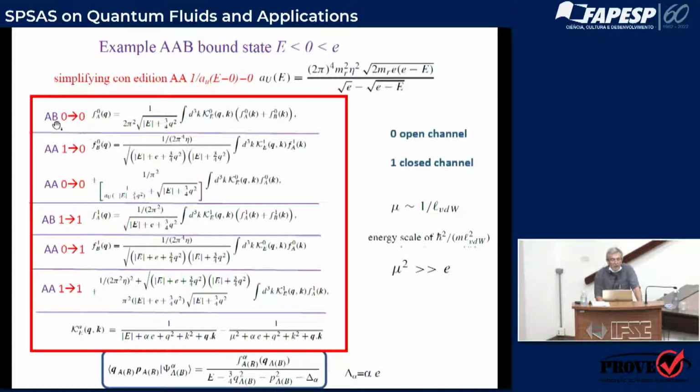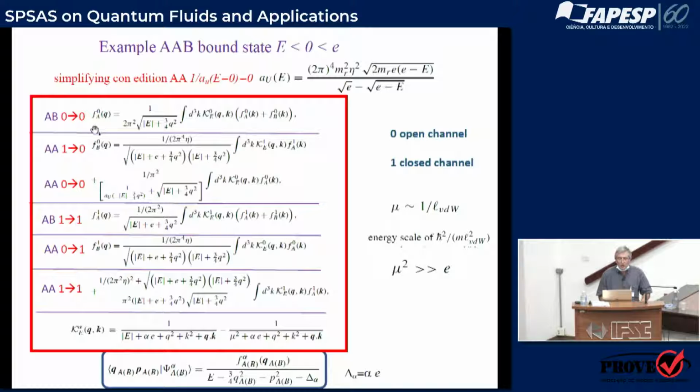So we have already altogether 4 coupled equations. Why? Because we can put the channel AA in the open channel, that I denote by 0, or in the closed channel, 1. So we have all this coupling.